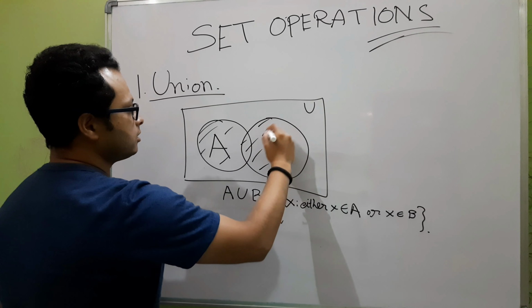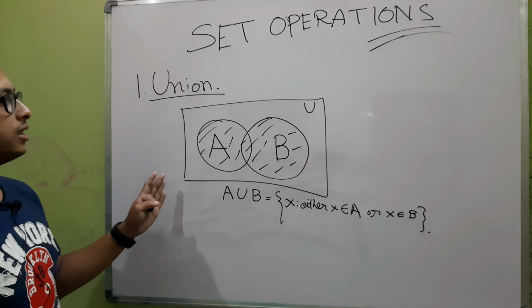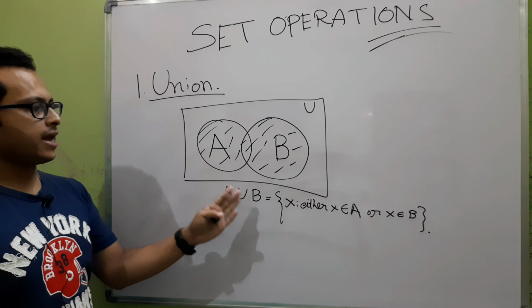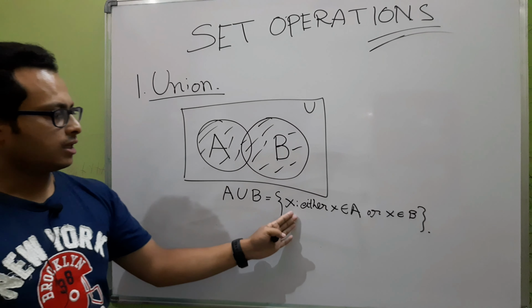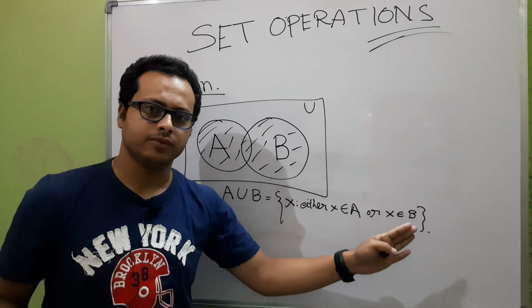This shaded region is the union of sets A and B.